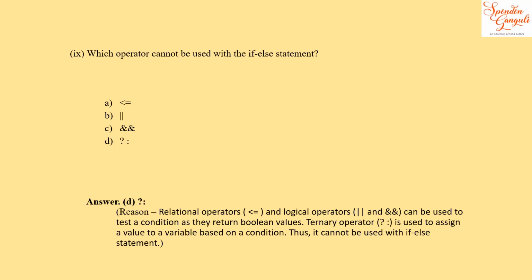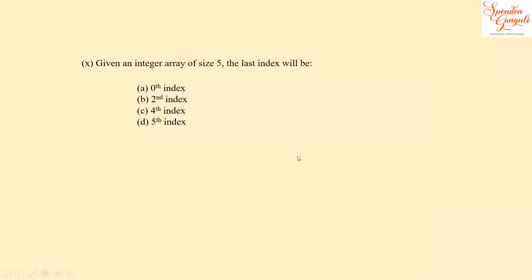Thus, option D is the correct answer. Given an integer array of size 5, the last index will be 0th index, 2nd index, 4th index, 5th index. The answer is 4th index. As index starts from 0, the last index comes at 4.